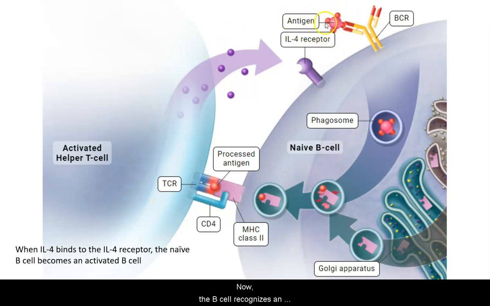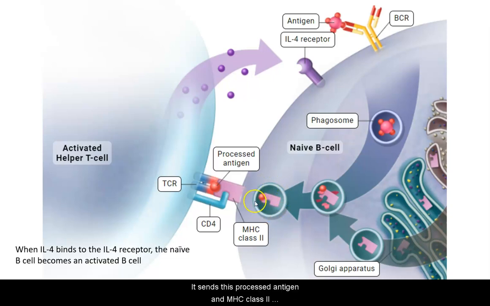Now the B cell recognizes an antigen. It binds to its B cell receptor, and then the cell undergoes endocytosis and brings in that B cell receptor and antigen. And then it takes that antigen and processes it and complexes it with an MHC class II molecule.